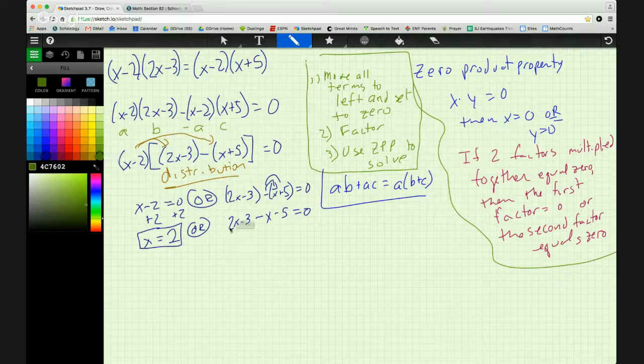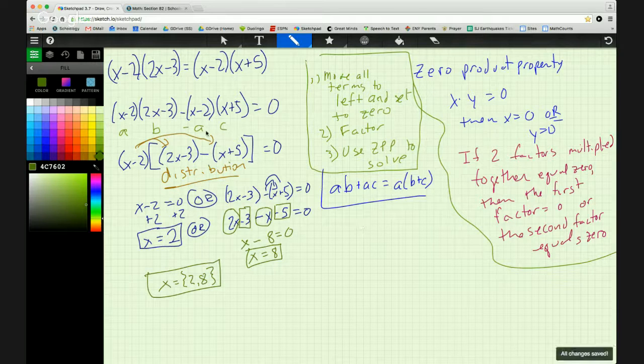And let's combine like terms. 2x minus x is x. Negative 3 minus 5 is negative 8. So we get x minus 8 equals 0, x equals 8. So our solution set is x equals 2, 8.